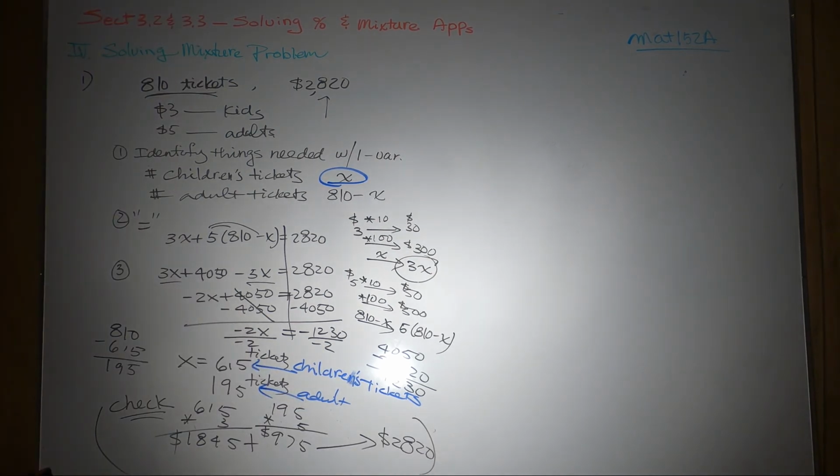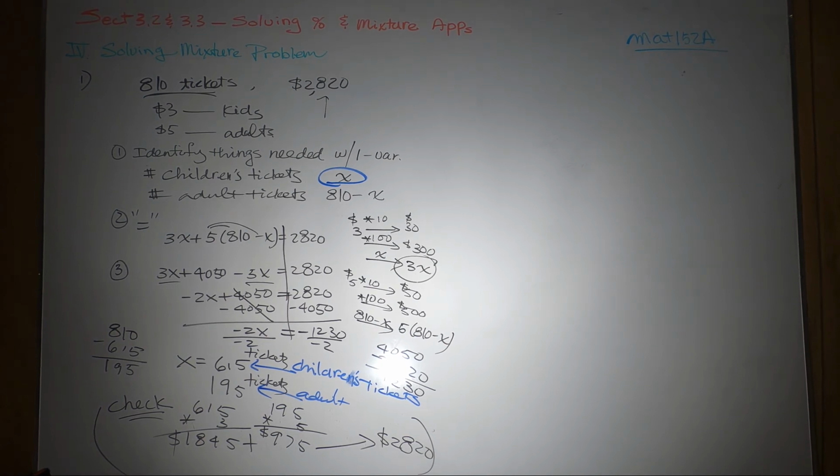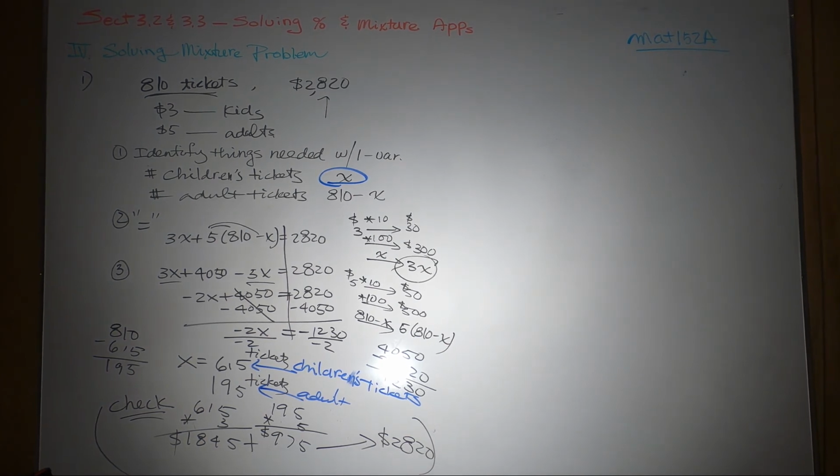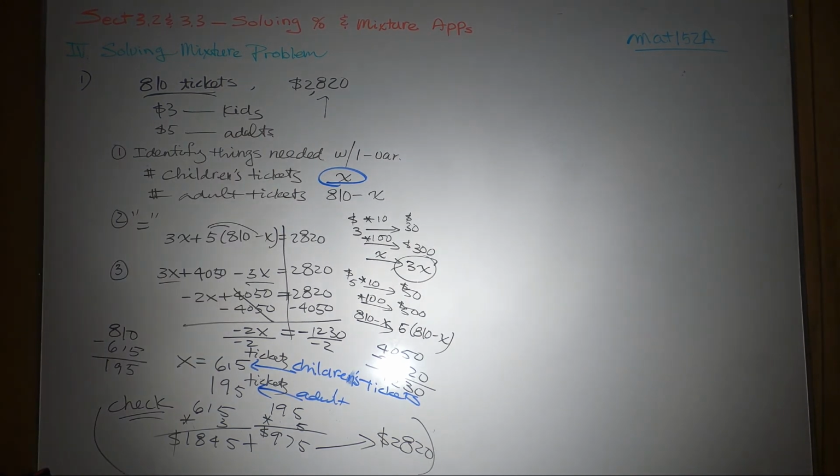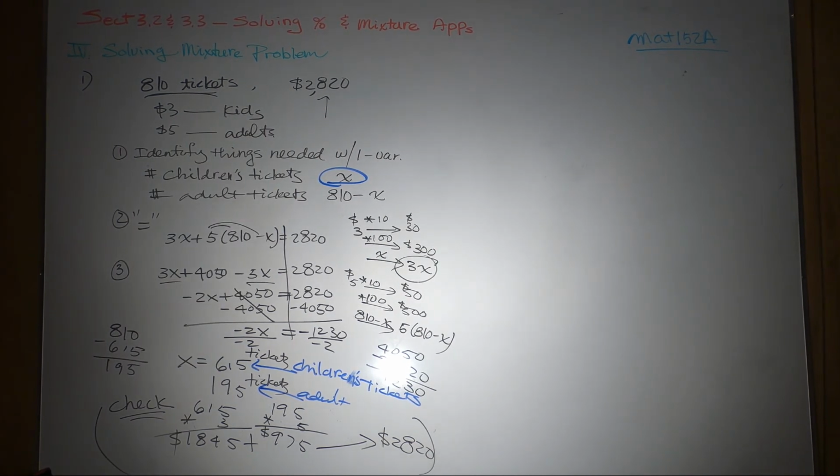Does that make sense? It will take you a while to sink in, okay? That's how we mix things with two different things. And mix together, we have a total, okay?